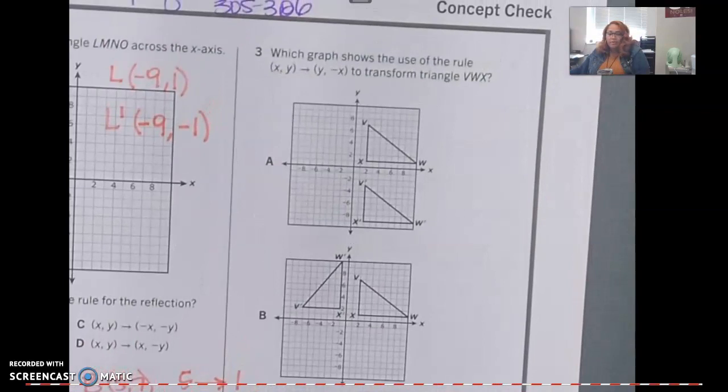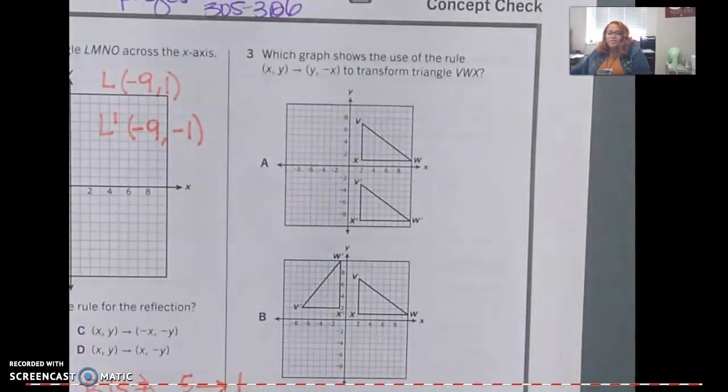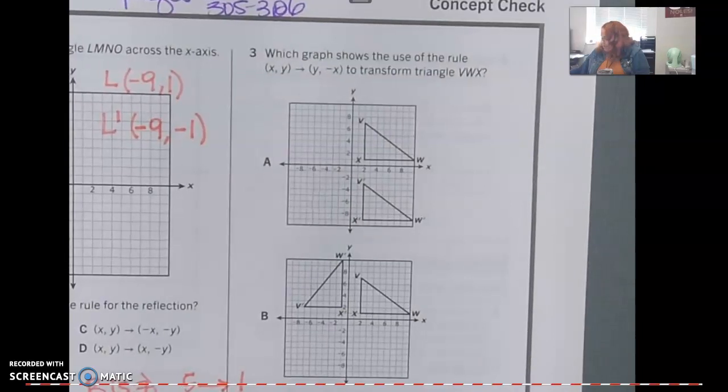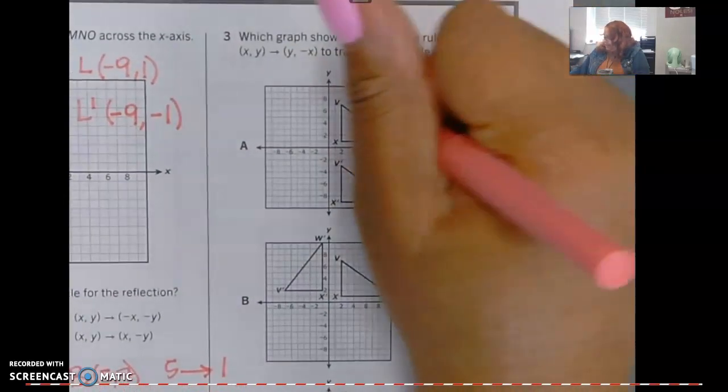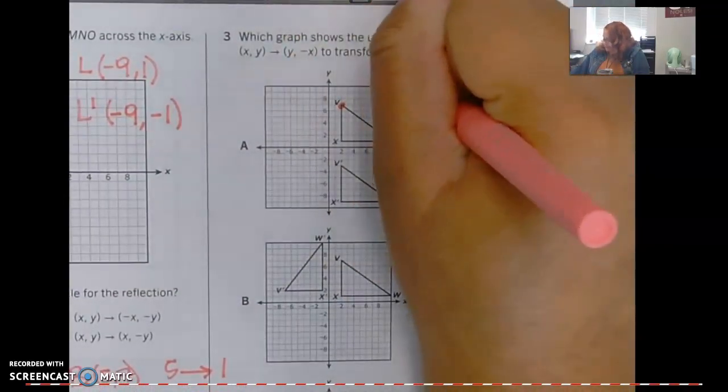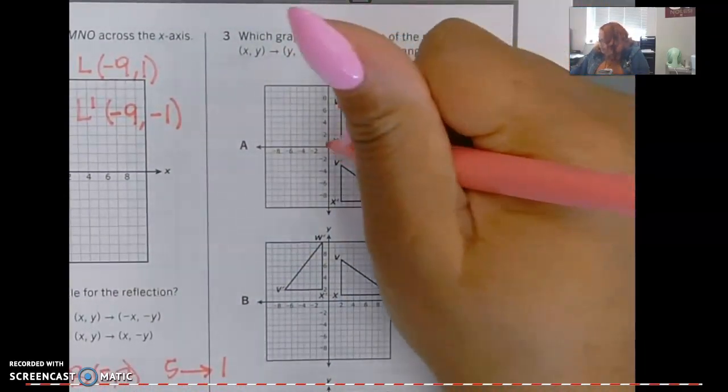All right, number 3. Which graph shows the use of the rule (x, y) to (y, opposite x) to transform triangle VXW? So it looks like V starts at the same place, so let's plot V. And let's run and jump.